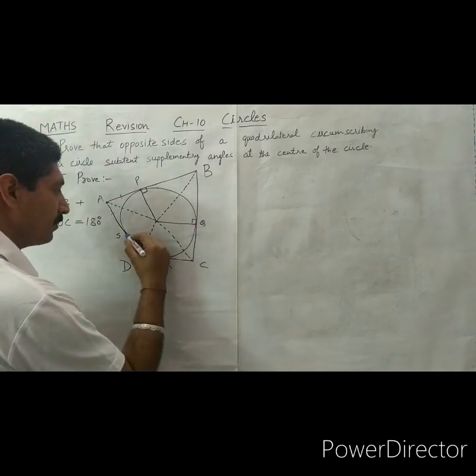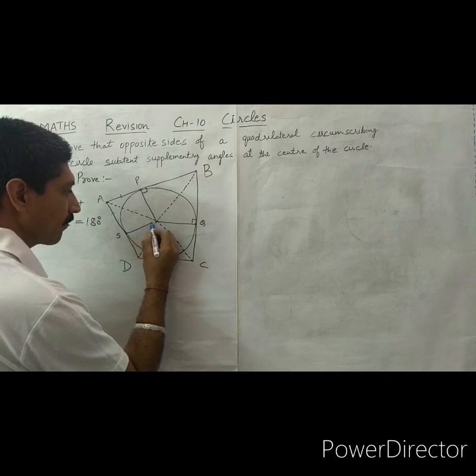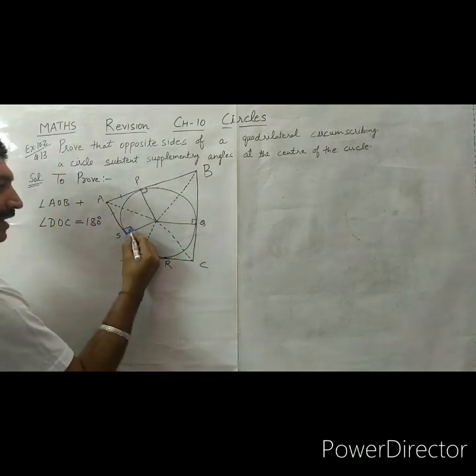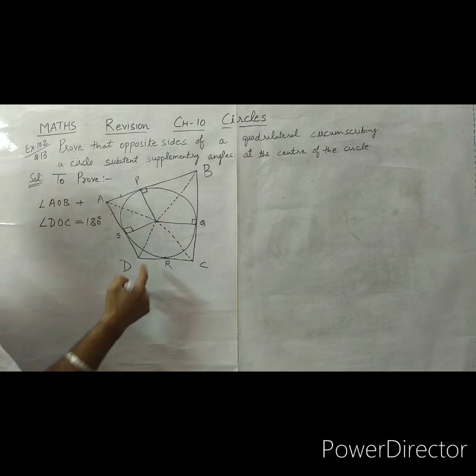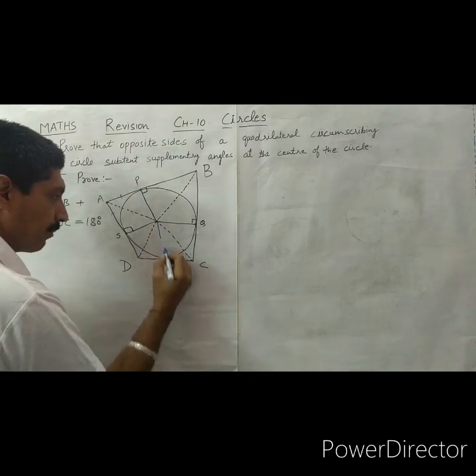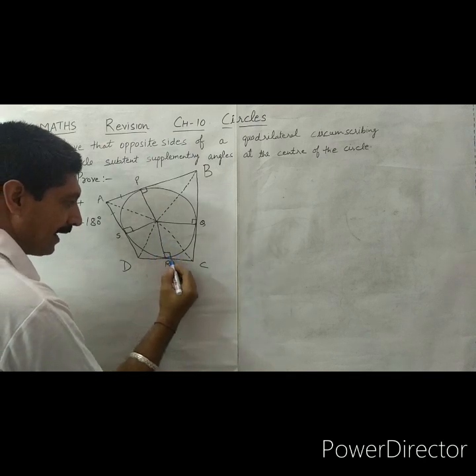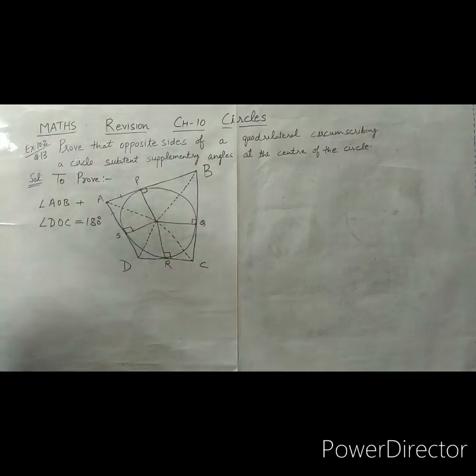So same from S, this point is also point of contact, and even R here, R is also the point of contact and makes a 90 degree angle with DC.